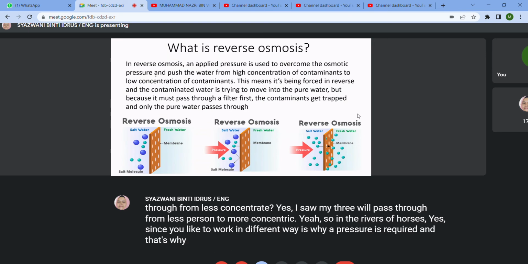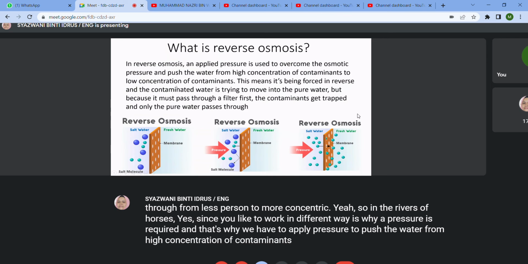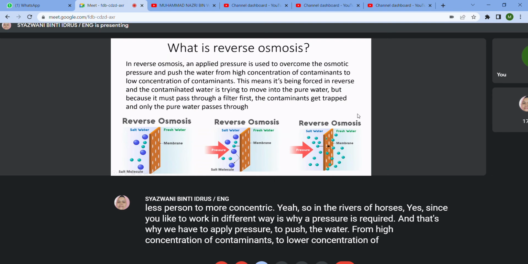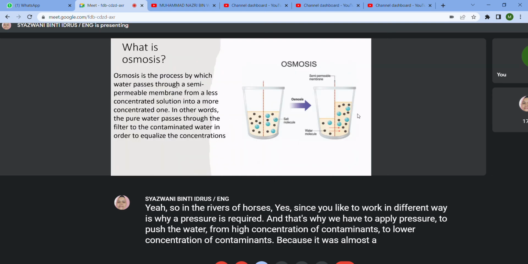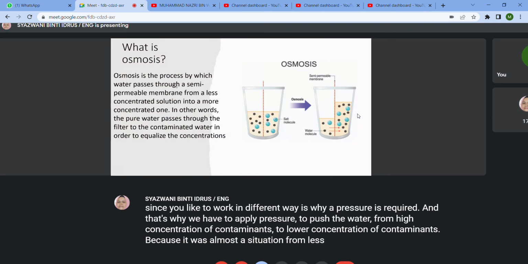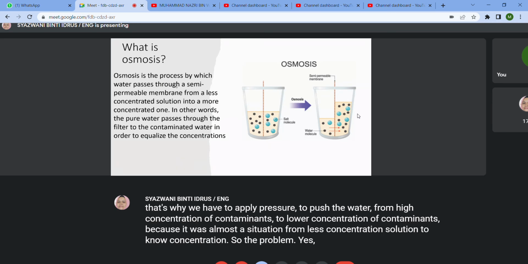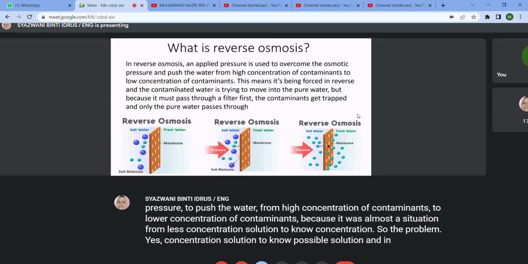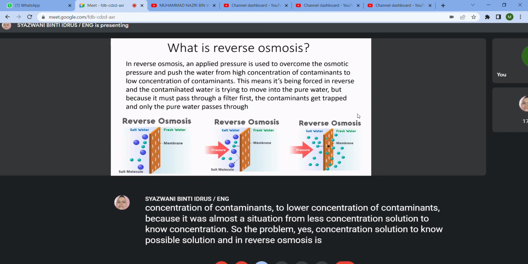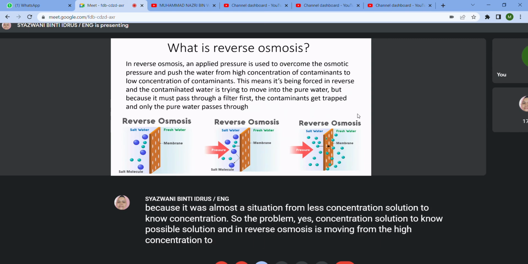That's why we have to apply pressure to push the water from high concentration of contaminants to low concentration of contaminants. Because in an osmosis situation, it goes from the less concentrated solution to the more concentrated solution, and in reverse osmosis it is moving from high concentration to low concentration.